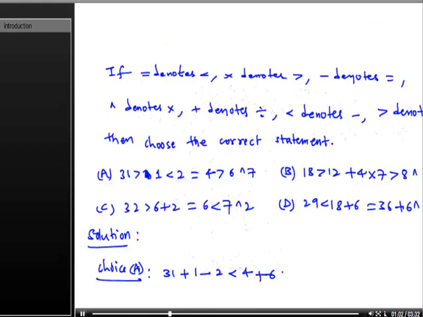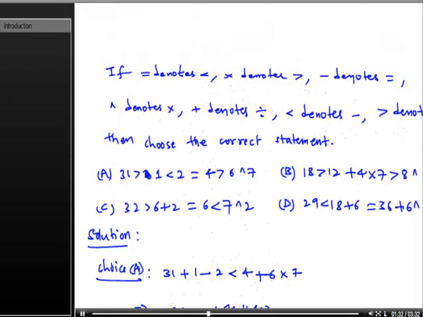The symbol means into 7. We'll check whether this statement is true or false. This implies 31 plus 1 is 32 minus 2 less than 4 plus, here we are applying the BODMAS rule, 6 into 7 is 42. This implies 32 minus 2 is 30 less than 4 plus 42 is 46. This statement is true.